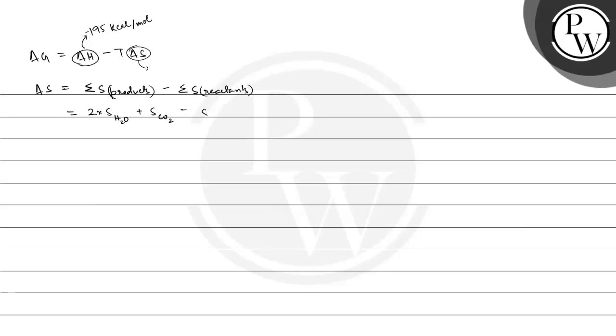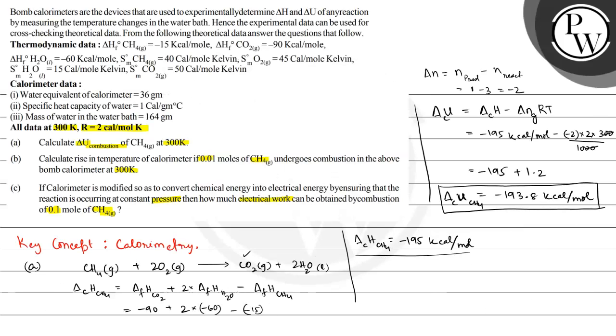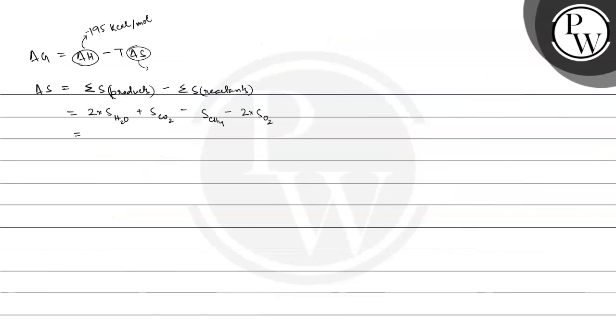minus 2 multiplied by S of O2, and here we can put in the values. So H2O is 15 and CO2 is 50. So 2 multiplied by 15 plus 50 minus S for CH4, which is 40, minus 2 multiplied by S for O2, which is 45.